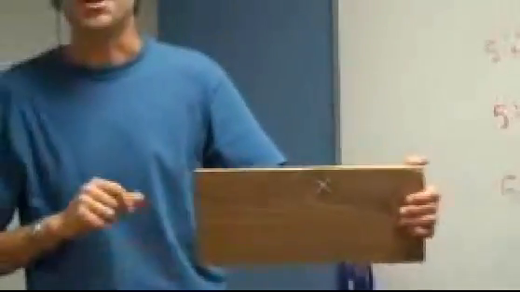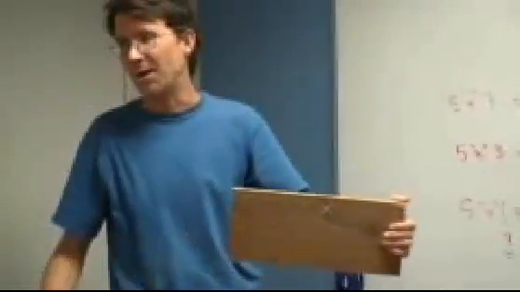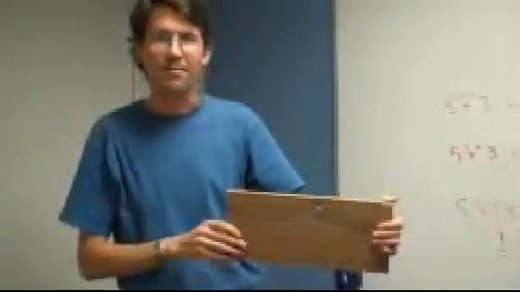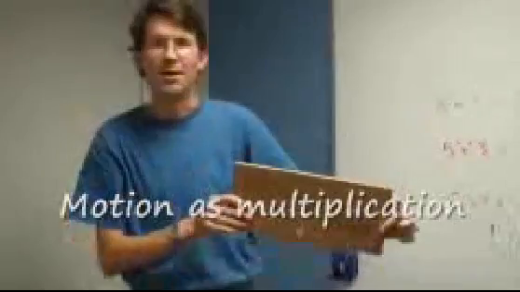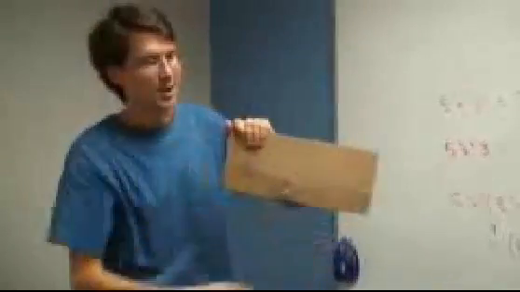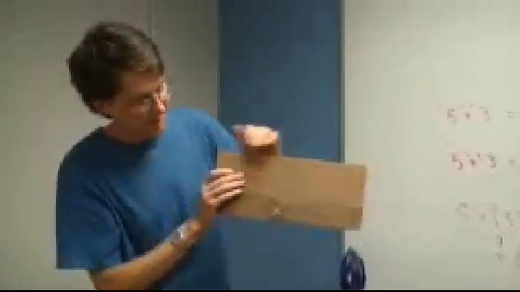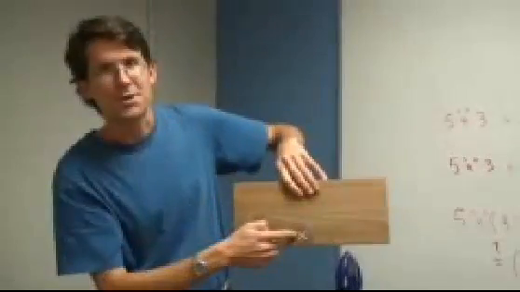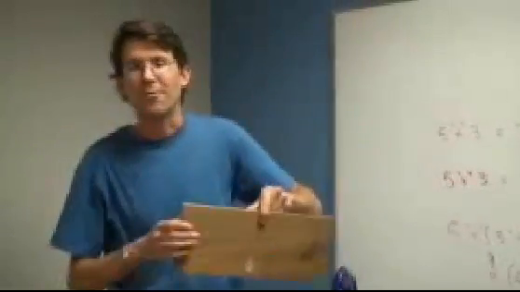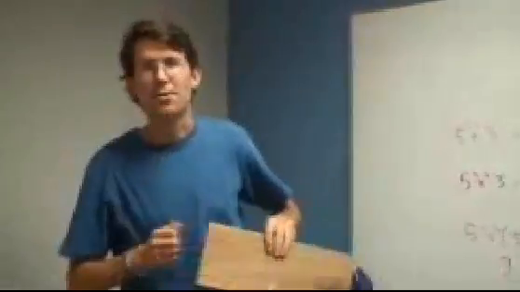So I can let my four positions take the place of my numbers, and I'll let these motions take the place of multiplication. So that's to say, the act of moving the X from the bottom to the top, or the bottom to the back in two different ways gives me four different so-called numbers.